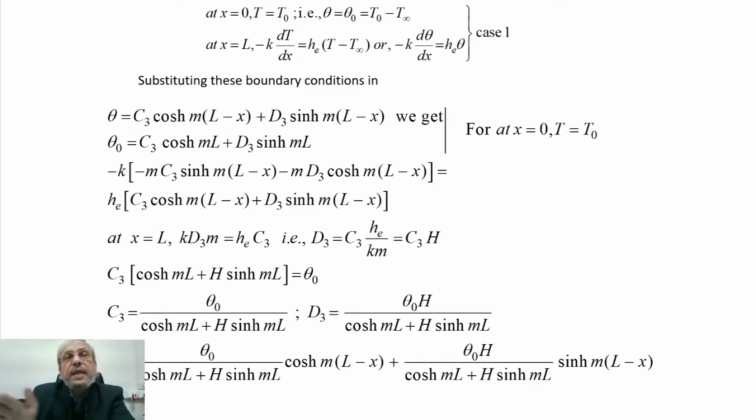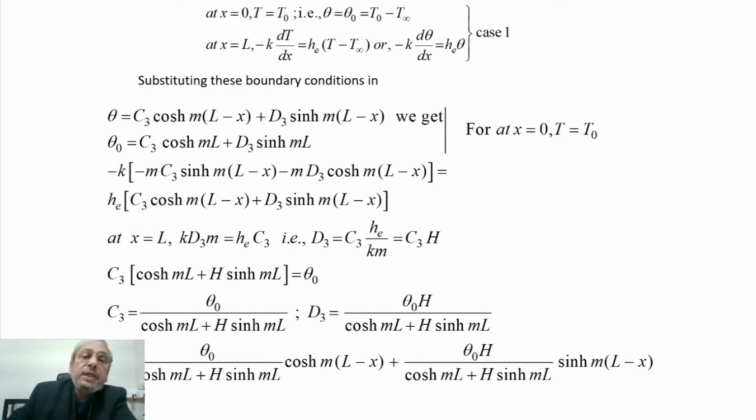Another is an infinitely long fin, and another is where the end condition is adiabatic. That means at the end the heat transfer is insignificant. So these three cases, case 1 where there is finite heat transfer in the form of convective heat transfer at the end.